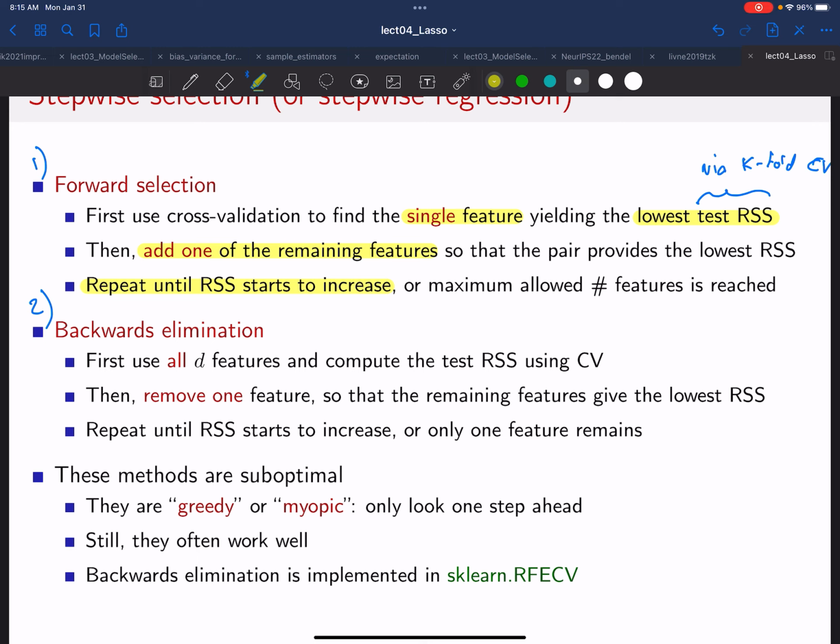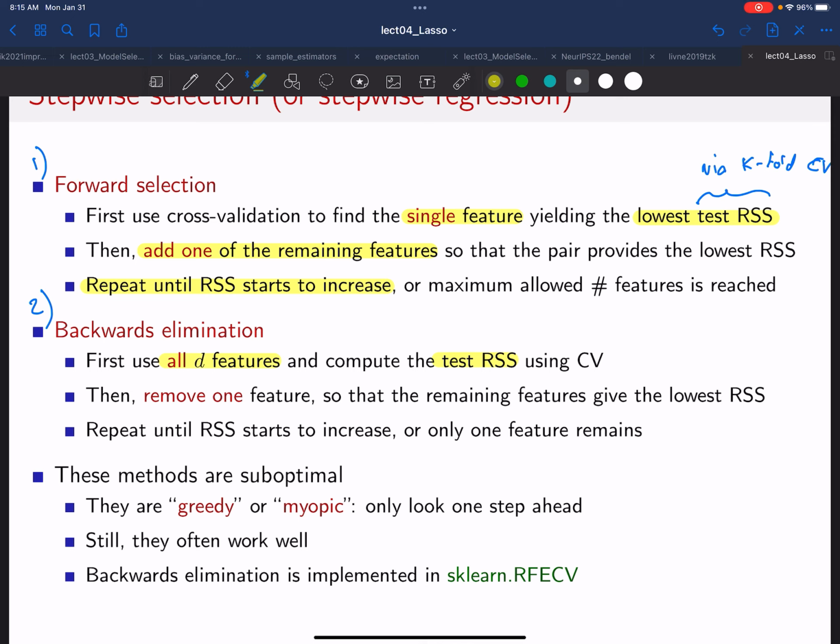Now there's a very similar approach called backwards elimination, where you start by using all D features and you compute the test RSS again. Then you say, which single feature should I remove from that subset so that my test RSS is smallest?